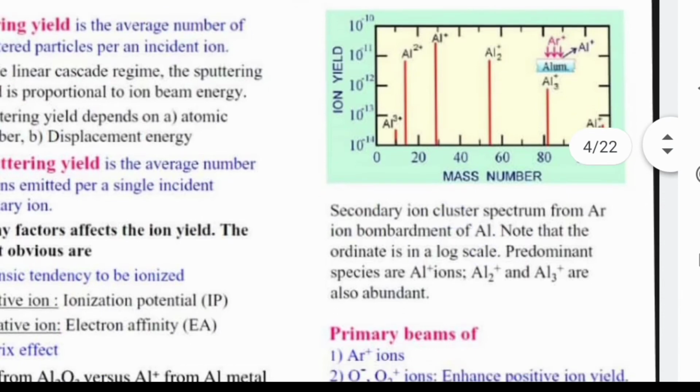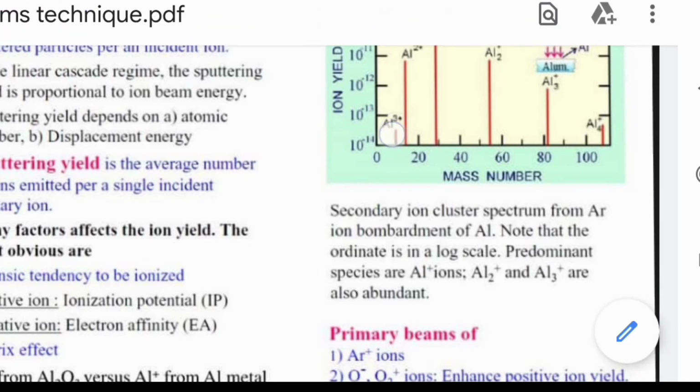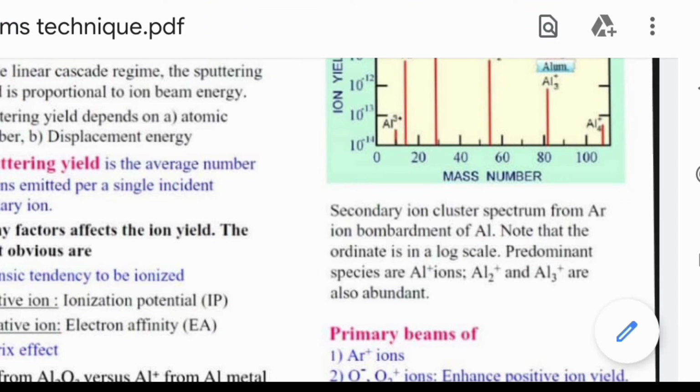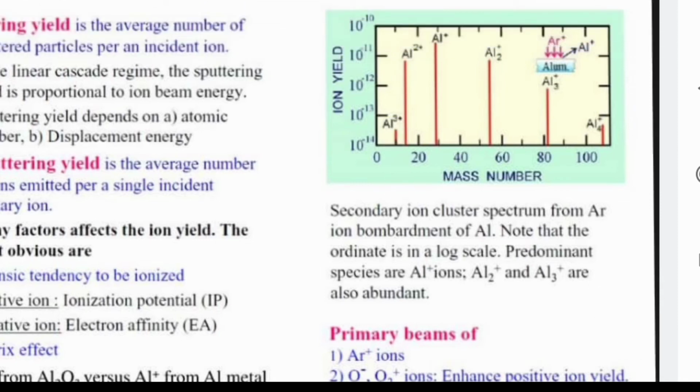The most stable state is the +3, but see how low the ion yield is for the +3 state, because aluminum +3 is not easy to generate. We need to remove three electrons from the aluminum, so the yield is quite low.